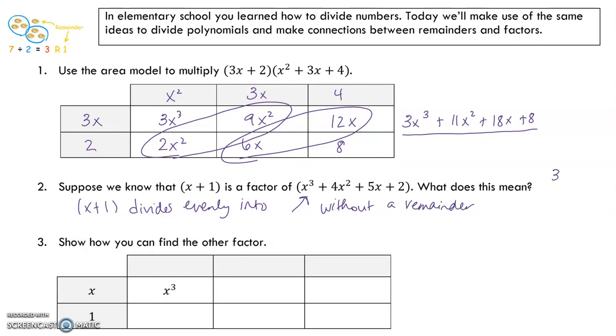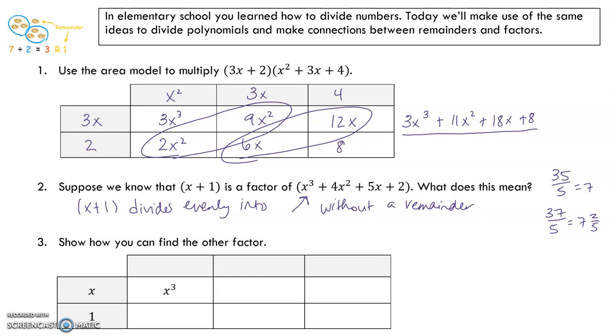Just like if I divided 35 by 5, that's going to go evenly 7 times. There's no remainder. But if I divided 37 by 5, that would be 7 and my remainder is 2. So I'd say 7 and 2/5 would be the result. So if we know something is a factor, then it has no remainder. Again, I know that x plus 1 is a factor of this polynomial.